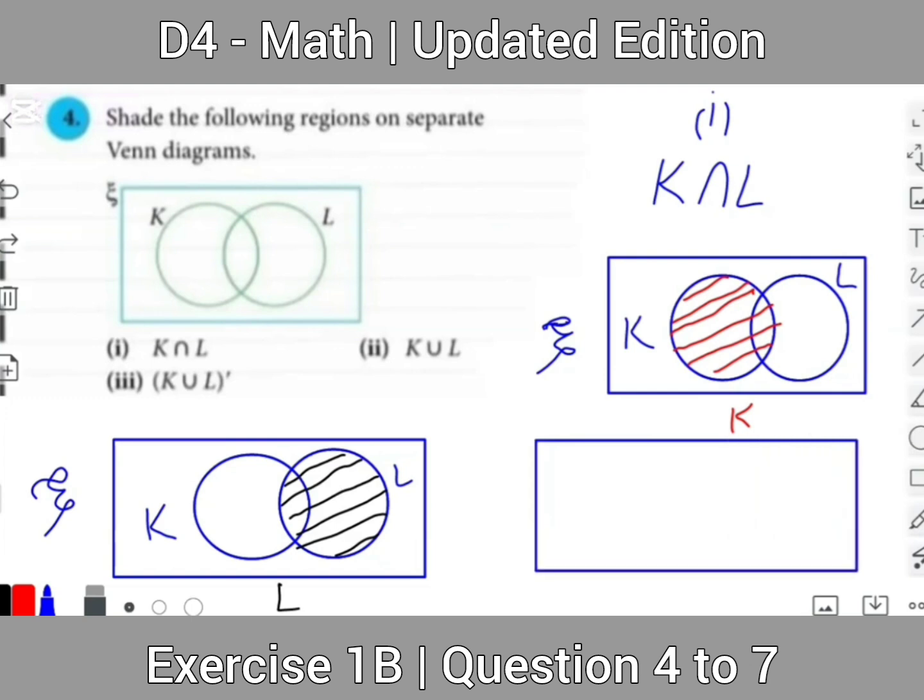So it means we have to find out the region that is common in the first and second Venn diagram. So now we have to identify that region first.